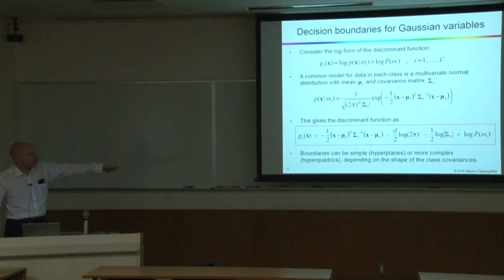And this is the covariance matrix for the ith class. Again, if that's the same for all classes and they just have different means, for example, then that will disappear. And this finally is the log of the prior probability, expressing the increased probability of some classes over others.